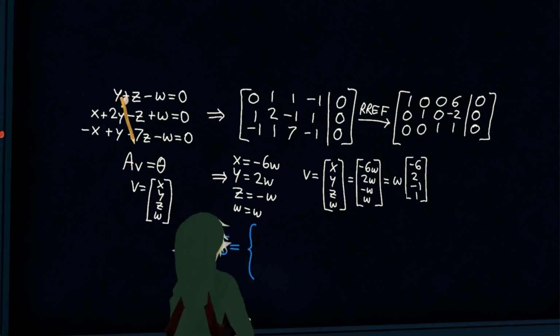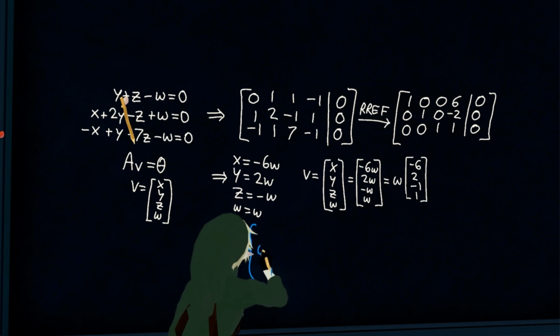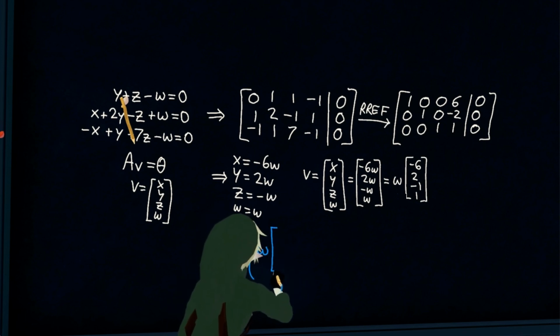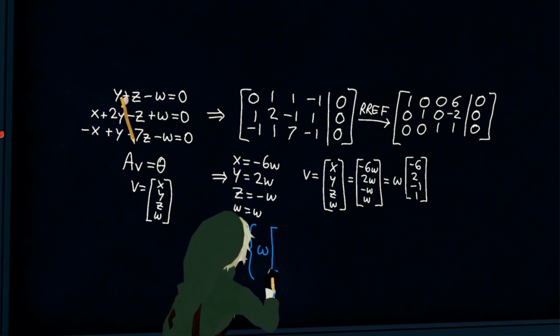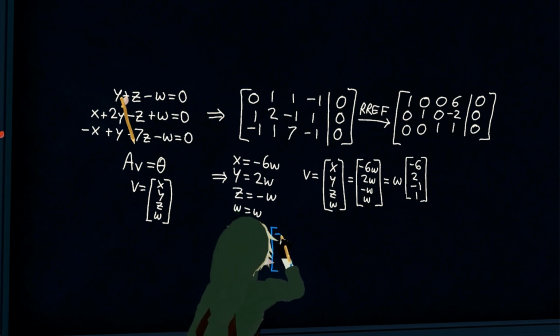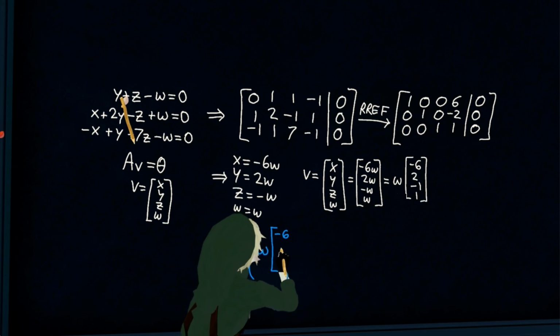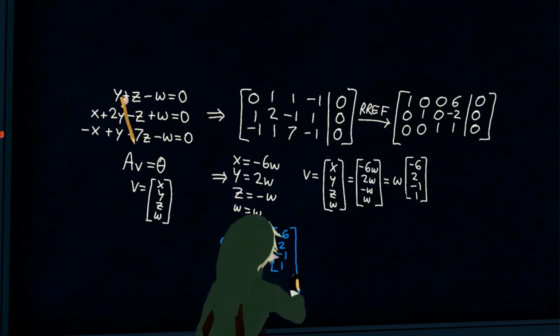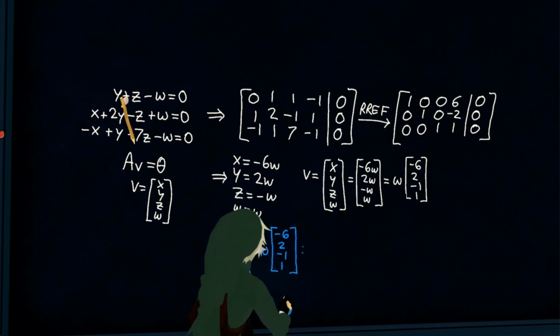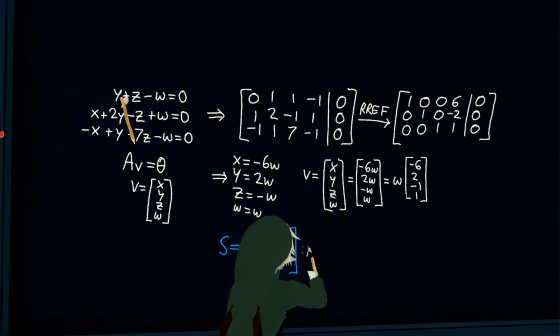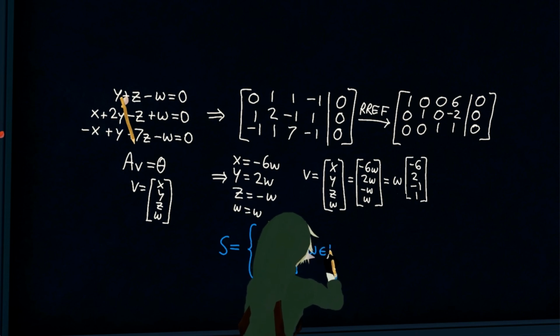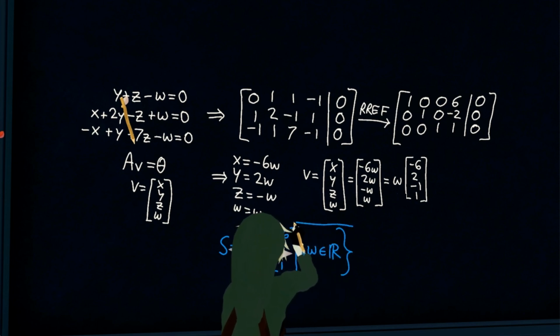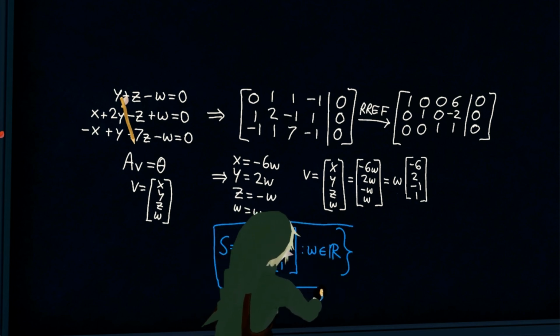So S is equal to any real number W multiplied specifically by the vector -6, 2, -1, and 1, for any real number W.